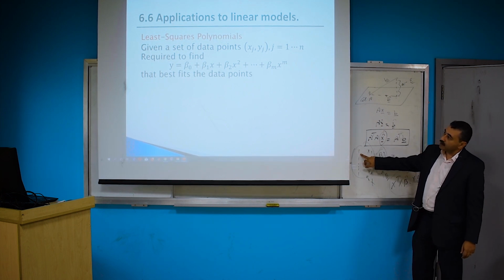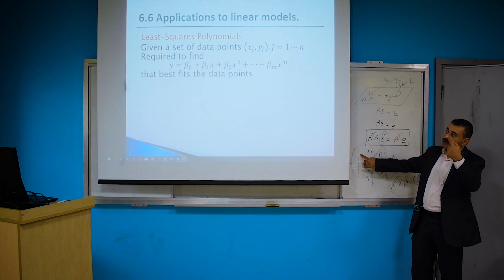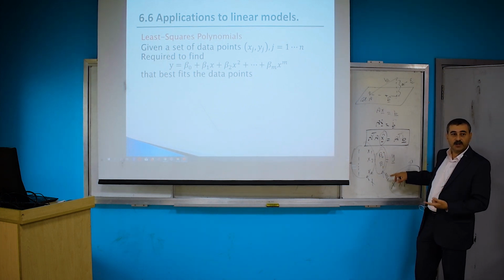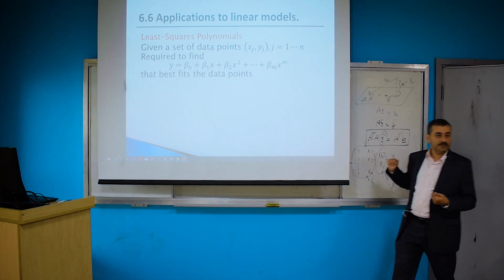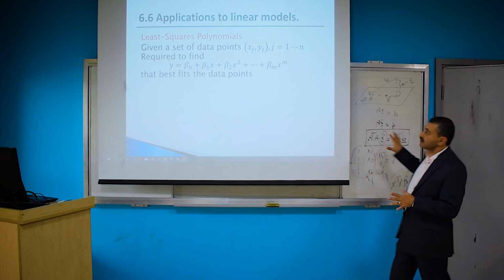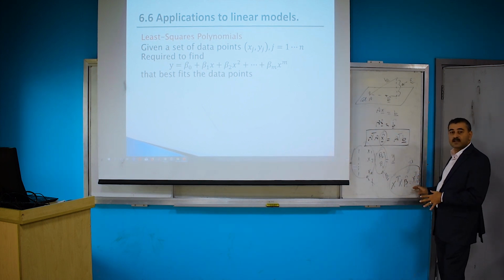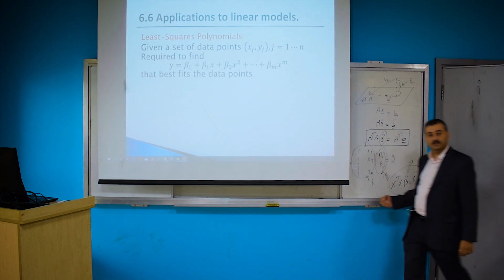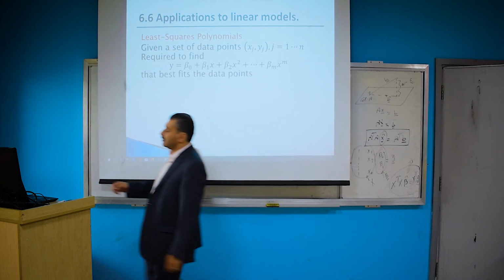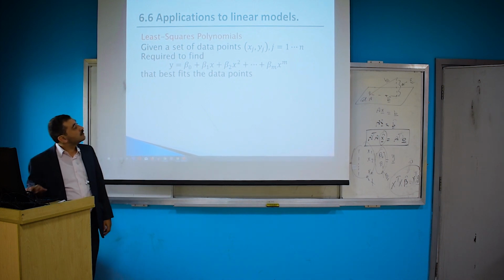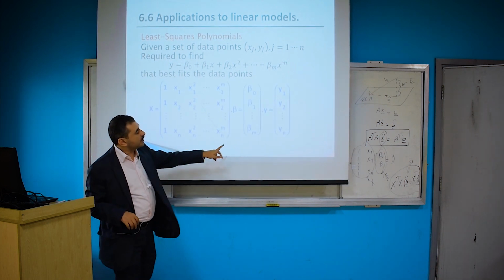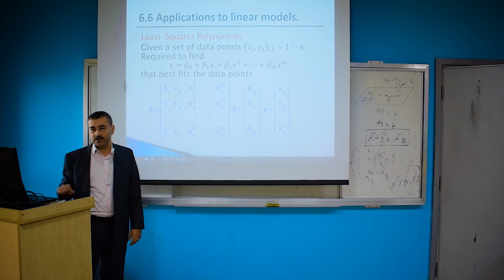And we'll have a column for the coefficient of beta naught, which is 1, a column for the coefficient of beta 1, which is x, a column for x squared, and so on up to x power m. And y as it is, the y of the data points, and then substitute in this equation again to get your answer.